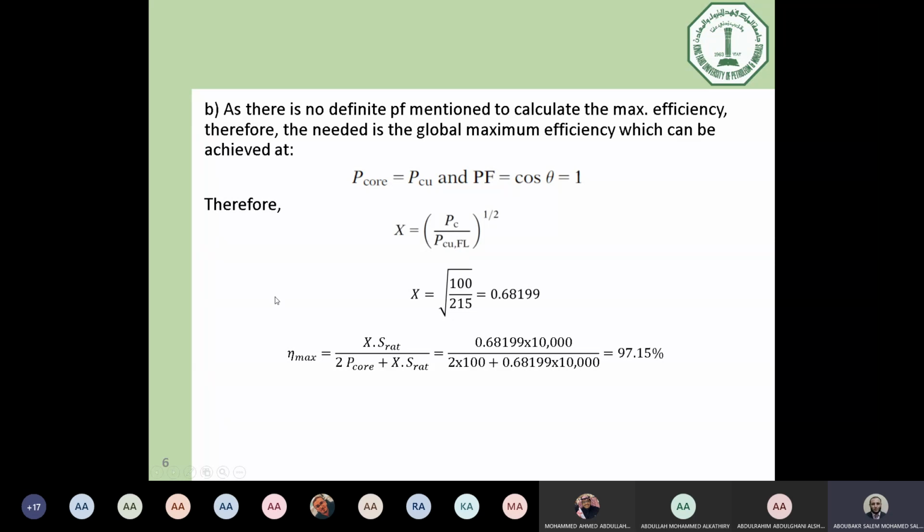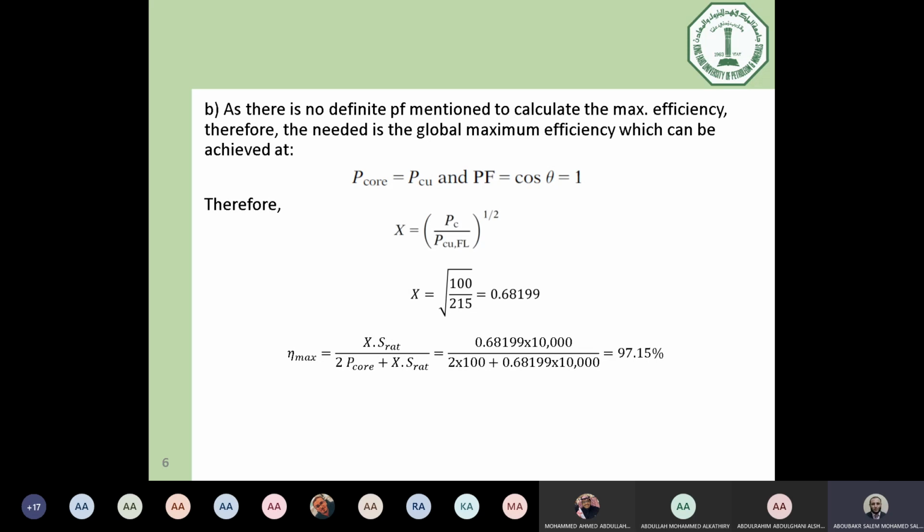From the definition of maximum power, and here in the problem, it's not stated that I need to calculate the maximum efficiency at a certain power factor. So it means the global maximum efficiency operating point. So we have to consider that P core equals P copper and power factor equals unity.